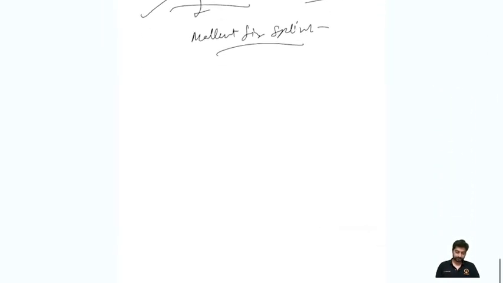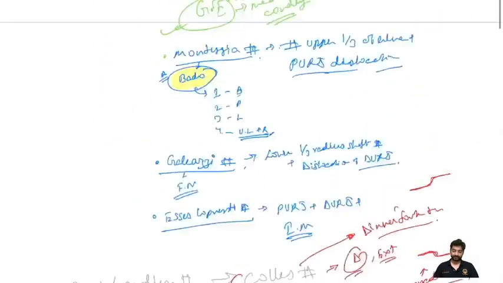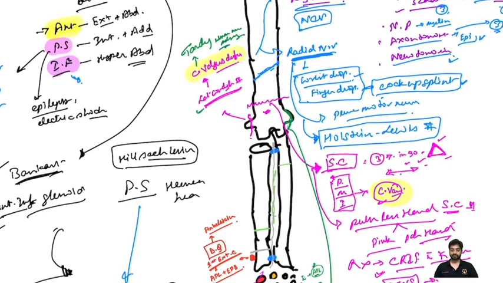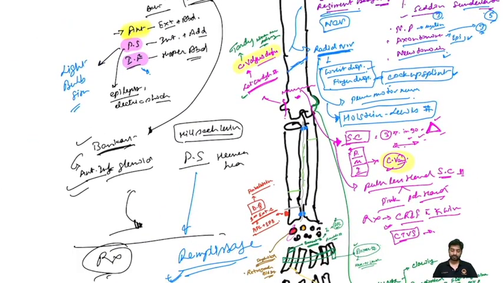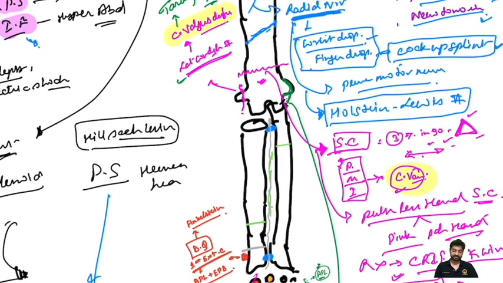So this is the completion of your upper limb. Okay. So what have we studied till now? We studied the clavicle fracture, acromioclavicular dislocation, then we moved to shoulder dislocation, proximal humerus fracture, rotator cuff, axillary nerve injury, radial nerve injury, ulnar nerve injury, supracondylar fracture, then cubitus valgus deformity, cubitus varus deformity.